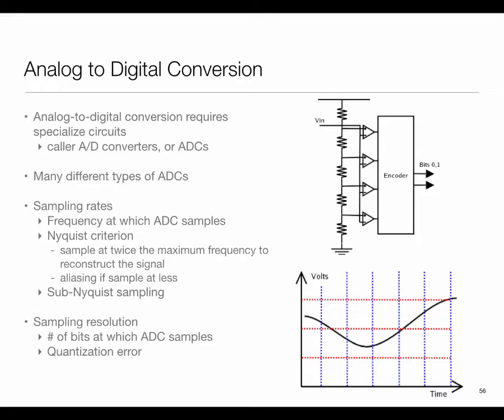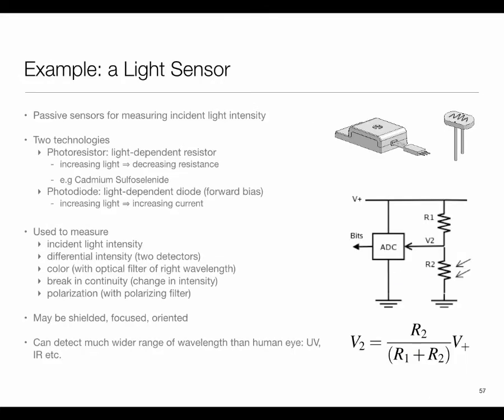Another part related to it is how many bits you are going to sample it with. The fewer the bits you sample, the more noise you are going to have, and that's going to affect the quality of the inference that you are making. So these are a couple of things to keep in mind as one designs these systems.